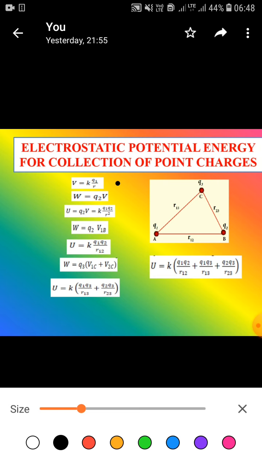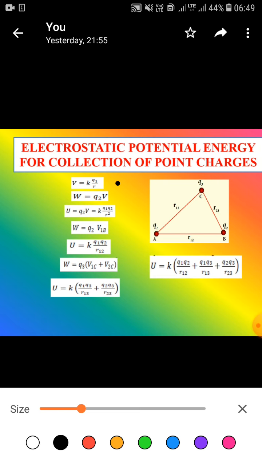Next, the charge q2 is brought from infinity to that point at a distance r. This can be written as a work done equation.